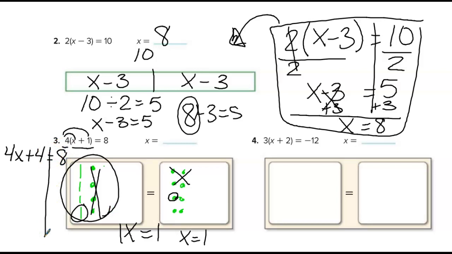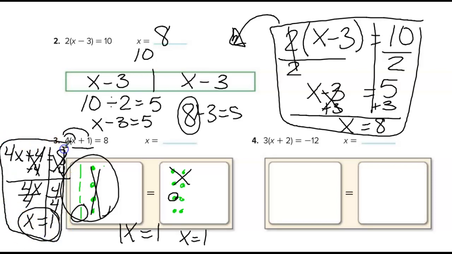So I have a plus 4 with that variable, so to get rid of it, I would minus 4, which is what you did there. Oops, sorry, 8 minus 4 is 4. There's my 0 pair, but I'm still left with 4x. Then I split it into 4 groups, or in other words, divide by 4, so x equals 1. That's what you did algebraically when you drew them out with your algebra tiles.